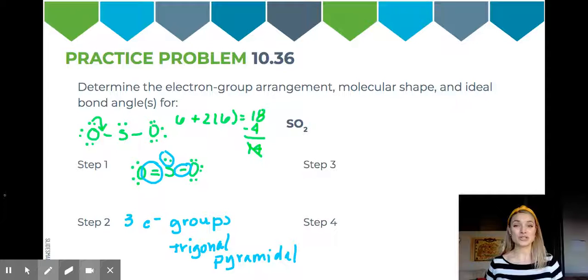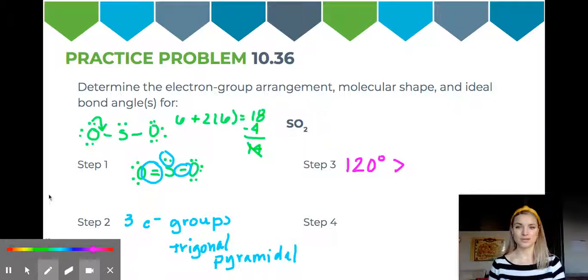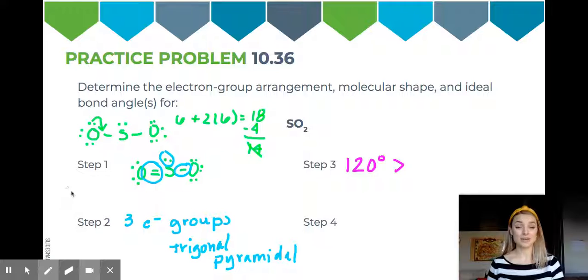Step 3 is to determine our ideal bond angle, and in this case, remember to look for things like lone pairs and double bonds and determine how they will affect the ideal bond angle. So the ideal bond angle for a trigonal planar electron group arrangement is going to be 120 degrees.